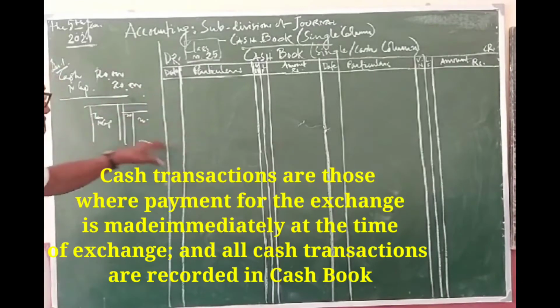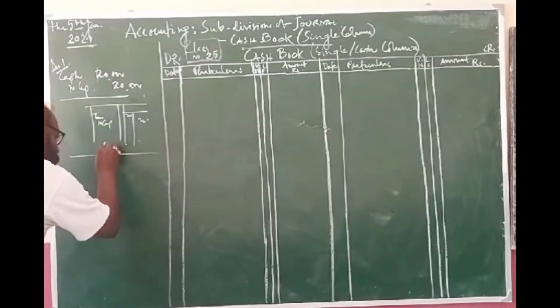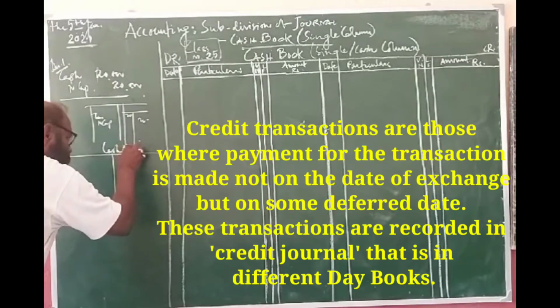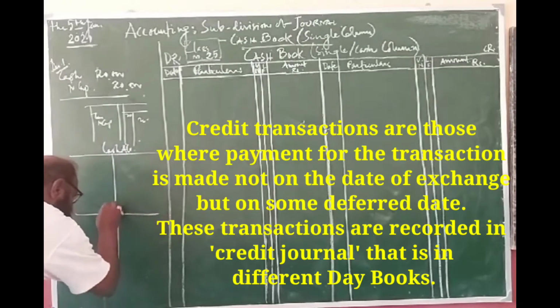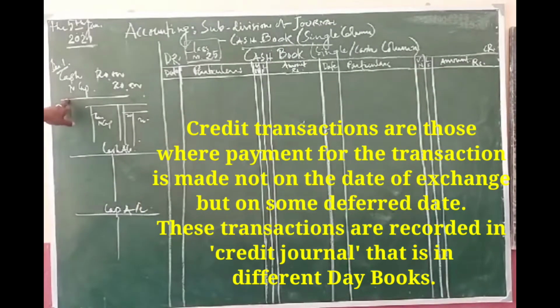Clear? And when we are posting it in the ledger, we prepare two accounts. One is cash account, and the other one is capital. Just see the transaction. I am giving the detail over here. You have started business with cash, rupees 20,000.